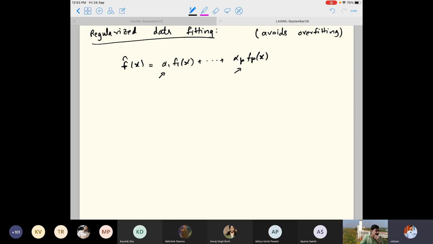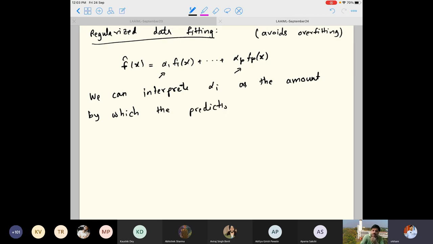Now what is the regularized data fitting problem? First let us try to understand what these alpha i's are. Roughly, we can interpret alpha i as the amount by which our prediction depends on f_i(x), the ith basis function.